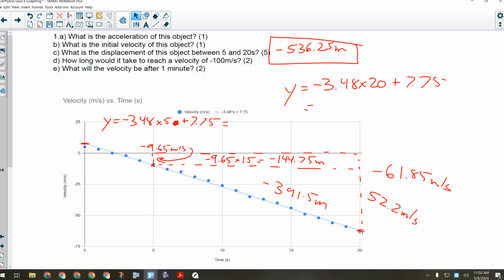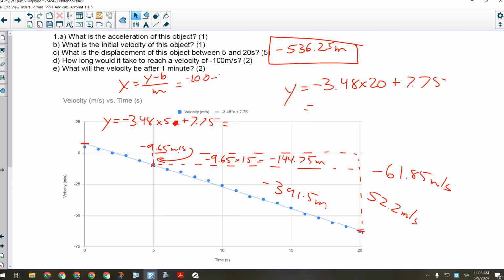Okay, analyze the graph. How long would it take to reach a velocity of negative 100 meters per second? How long always means solve for time. Time's on the x-axis, so we're solving for an x value. So x equals y minus b over m. The y value they gave us was negative 100.